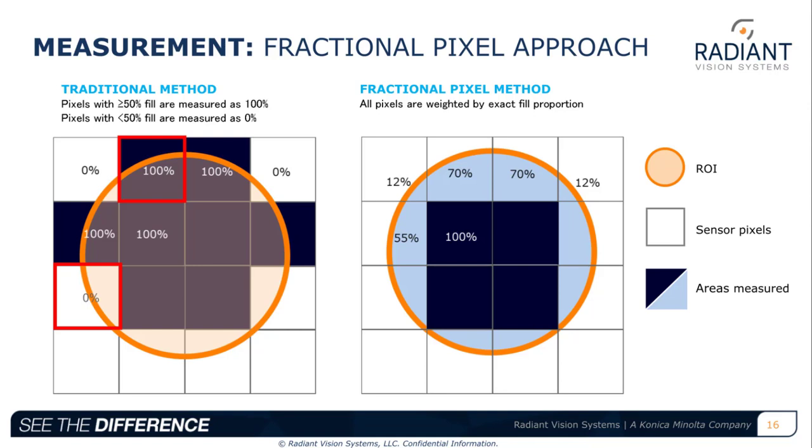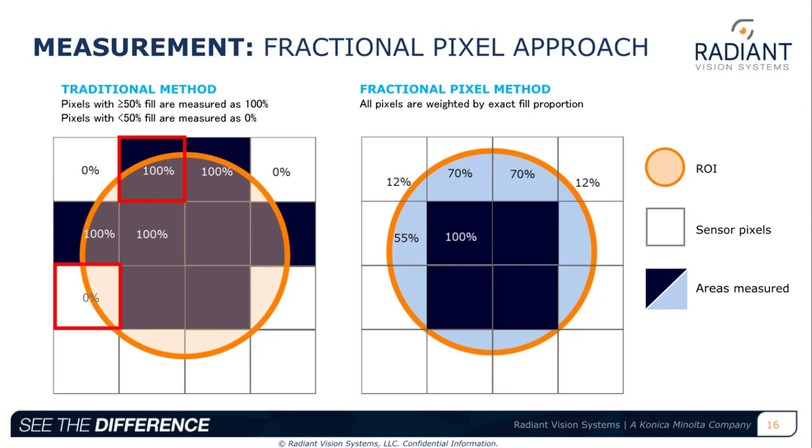In the left image above, we show the traditional whole pixel approach. In terms of measurement, we're telling the measurement software that if the ROI encompasses more than 50% of a sensor pixel, then use 100% of the luminance of this pixel to contribute to the ROI. And if the ROI captures less than 50% of the pixel, then contribute 0 of that sensor pixel to the ROI value.